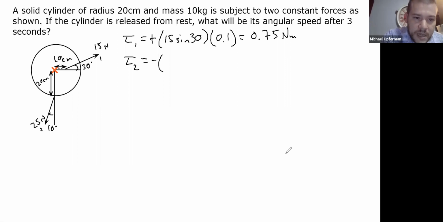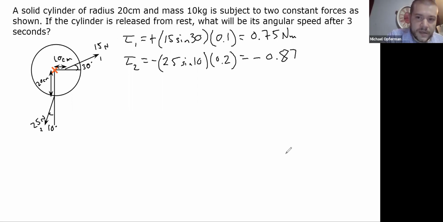Ft is going to be 25 sine of 10, and the distance to the axis is 0.2 meters. So we're going to have 25 times sine of 10 times 0.2 gives me negative 0.87 newton meter.